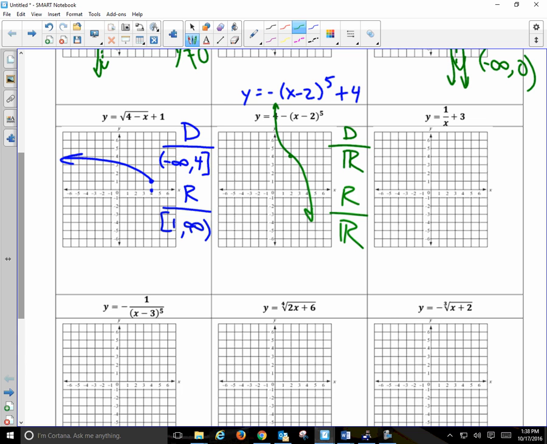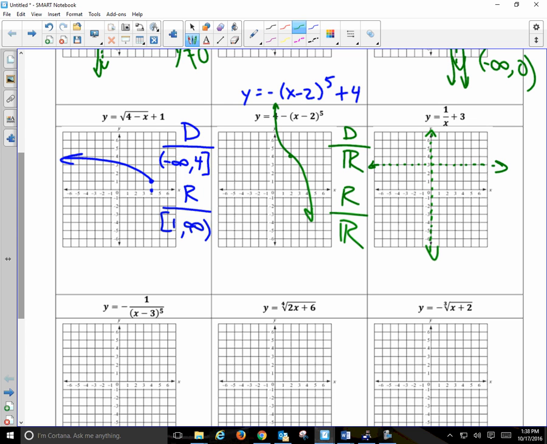What's different about the next one compared to the others we've done? Yeah, this +3 will create a vertical shift, so the horizontal asymptote will move up. There's no horizontal shift, so our vertical asymptote will stay the same, but instead of a horizontal asymptote at 0, that will be shifted up to 3.